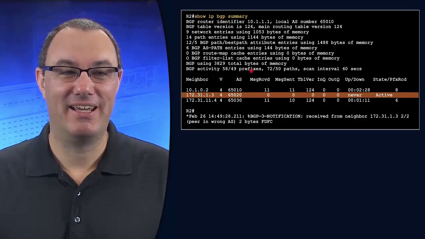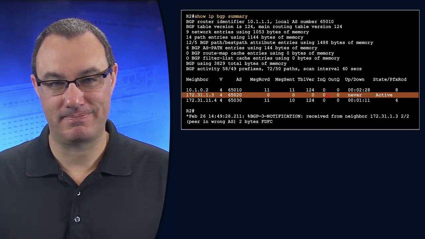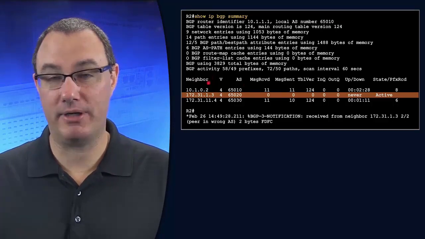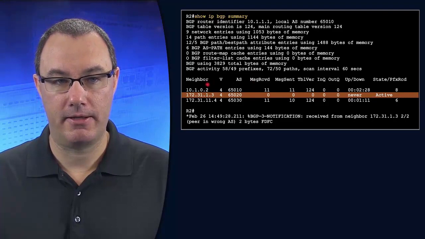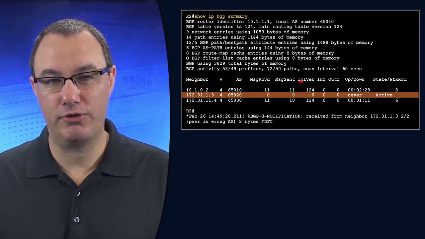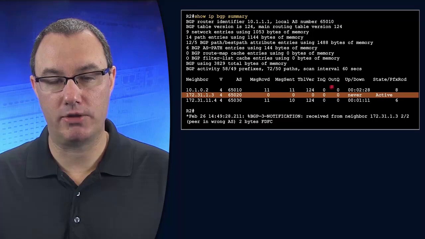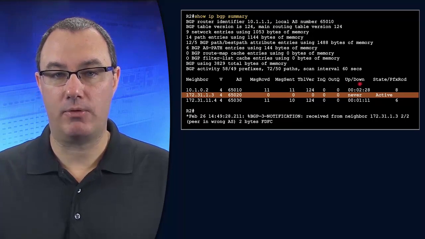So down below, this is where we're probably going to be looking. And we can see that we have 3 attempted neighbors, their IP address, their version, their autonomous system number. Don't worry too much about this area, messages sent and received all the way out. Queue information. Up and down, that's useful.